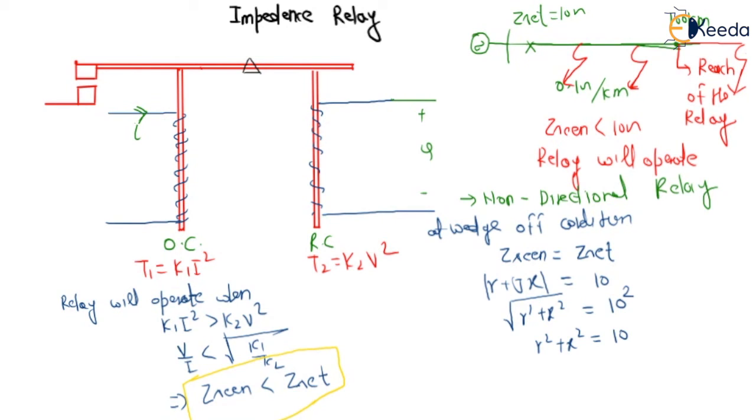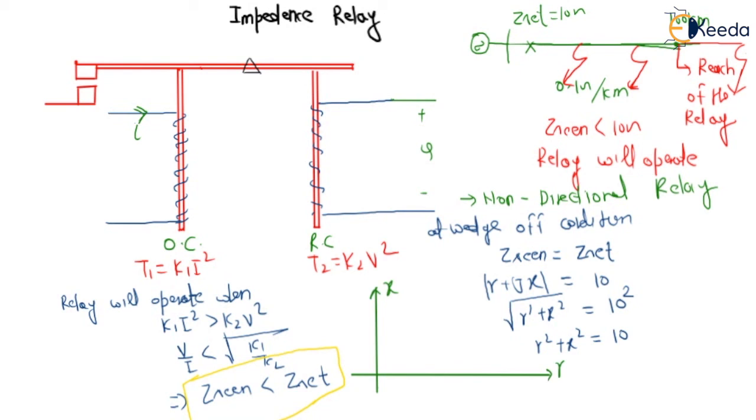This is the equation of a circle when we take the resistance value R on the x axis and the reactance value X on the y axis. So this is X and this is R. If this is considered, then this will follow a circle.